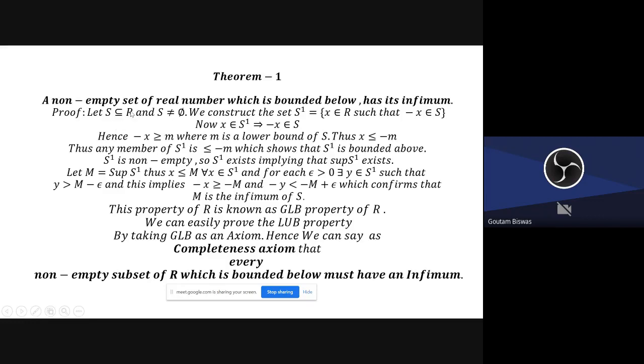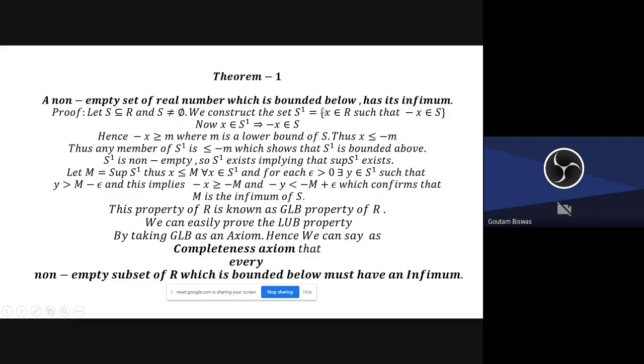Let S be a subset of R, and S is non-empty. So we construct the set S1. How do we construct the set?